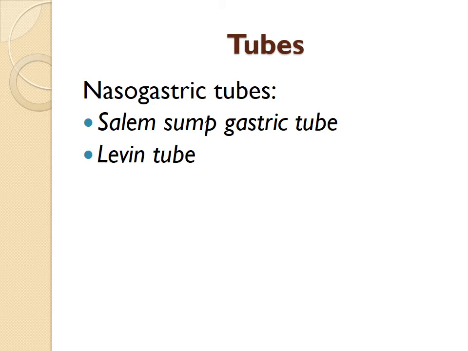This is the port that will allow for decompression, while the blue port, which is frequently referred to as the air vent, allows for safe suctioning. The tip of the clear tube will not adhere to the stomach wall as long as that blue port or air vent is unblocked, and thus preventing any kind of damage to the stomach mucosa.